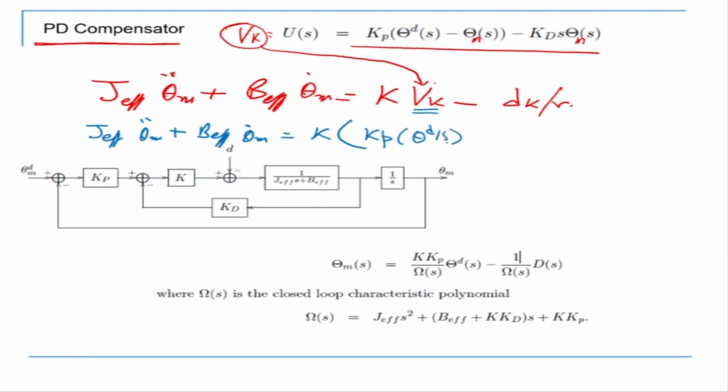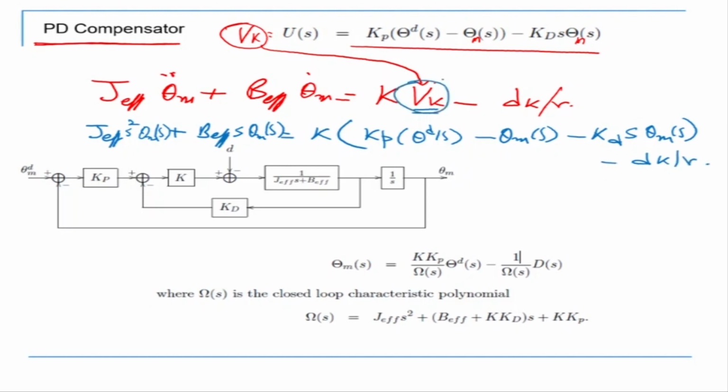This is in S domain, so I need to convert to S domain. So J effective S squared theta m s plus B effective S theta m s equals K times KP into (theta d s minus theta m s) minus KD into S theta m s, minus dk by r. So this was my equation.